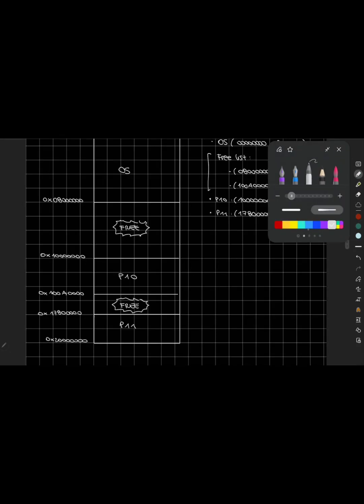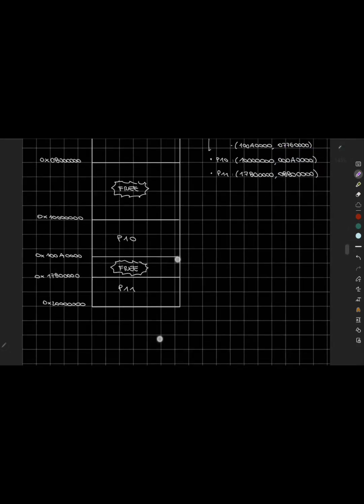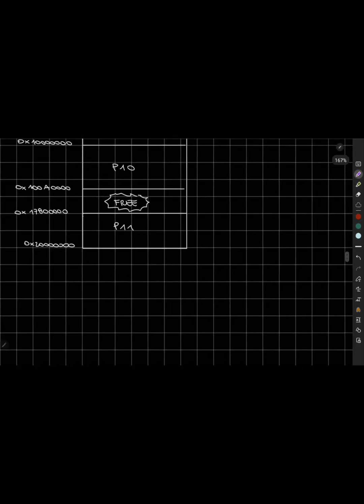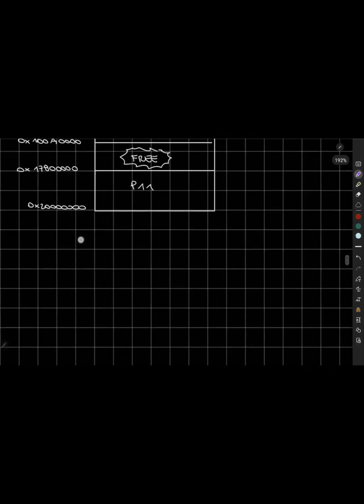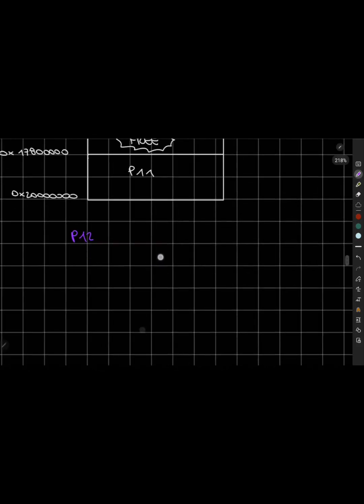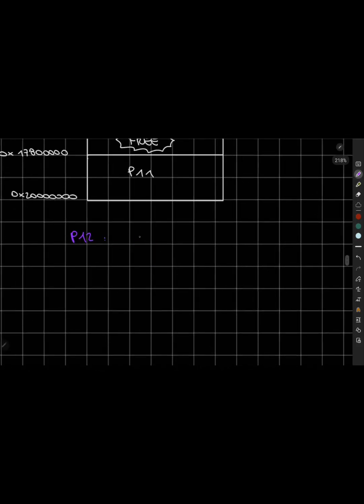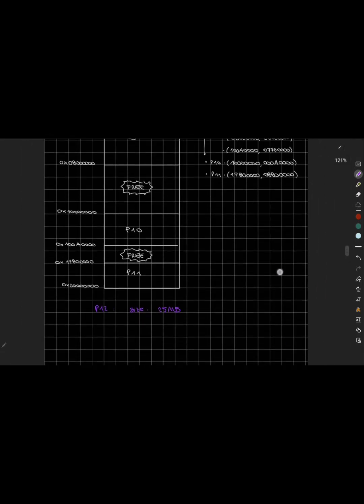Now we would like to add a new process. So a new process, let's call it P12, is started. And it requires 25, so the size is 25 megabytes. So we have to allocate it.